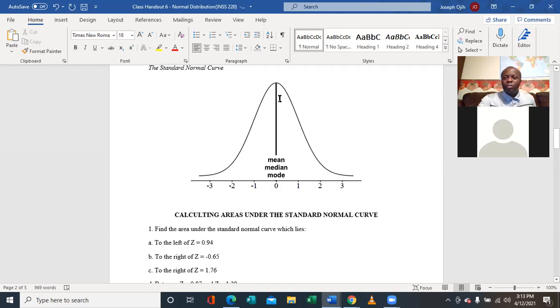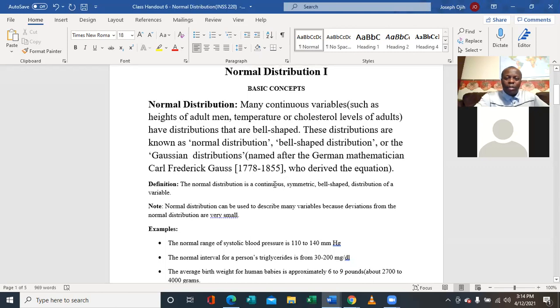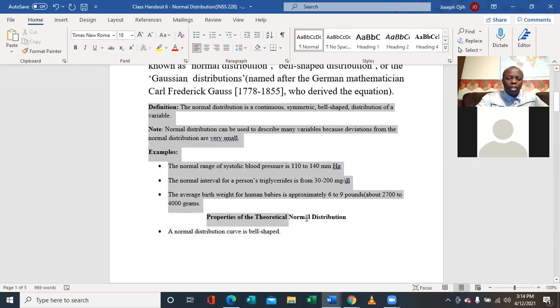Some will be very tall, but at least they will be at the height we expect an adult to be. That will give you this curve. The same goes for temperature and so on. This leads us to a simple definition of the normal distribution.